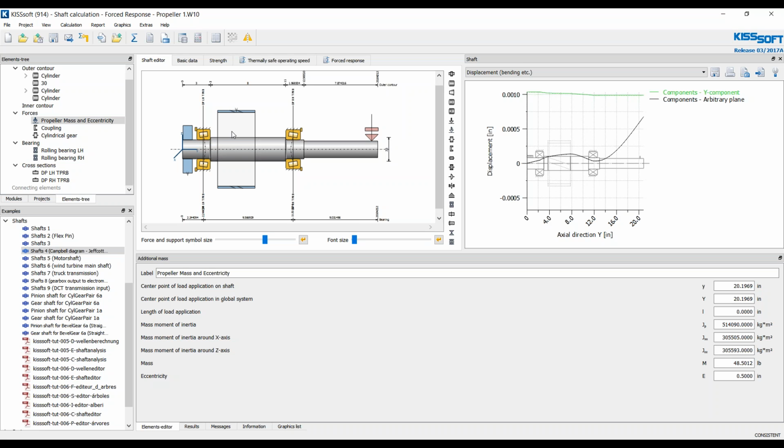I have a coupler on the back side, so I'm basically saying that I'm driving maybe into this shaft and driving in something else off of this gear, and I'm also driving a fan out here as an example. But make sure you get your documentation points in. Make sure you check your thermally safe operating speed of your bearings depending on how you're set up. And good luck with your forced response calculations.